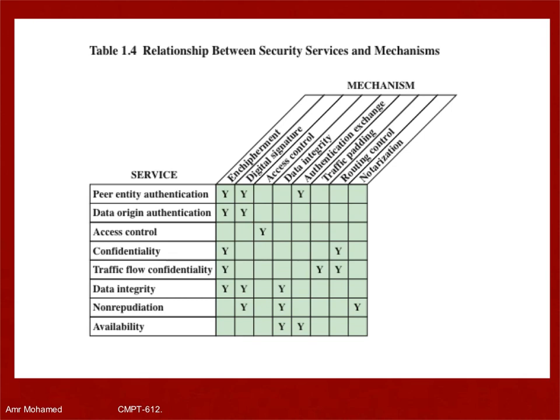And so on. So for any of these services, we need to group one or two or three mechanisms together in order to provide that objective or that service. At the same time, one mechanism can serve multiple of these objectives. It has some aspect to serve this service, it has another aspect to serve that service, and so on. So it's a many-to-many relationship in general. It's not a one-to-many relationship. The difference between data integrity as a mechanism and data integrity as a service, we talked about this.